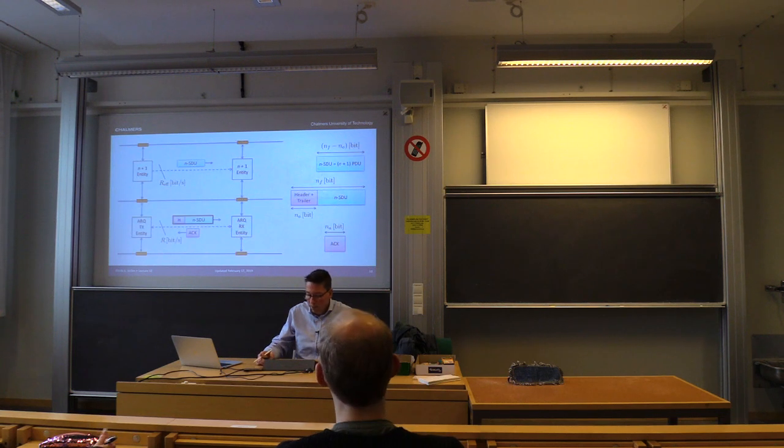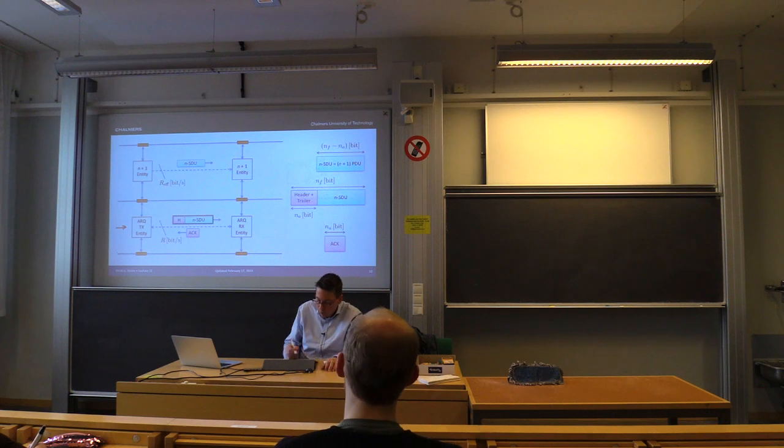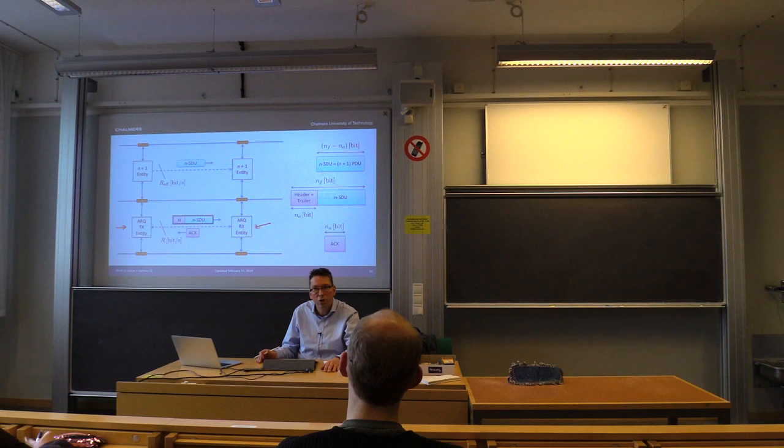Okay, and then to emphasize what's going on, here we have the ARQ protocol, whose efficiency we would like to somehow judge. The ARQ protocol transmits payloads and headers and receives acknowledgements back and forth here.